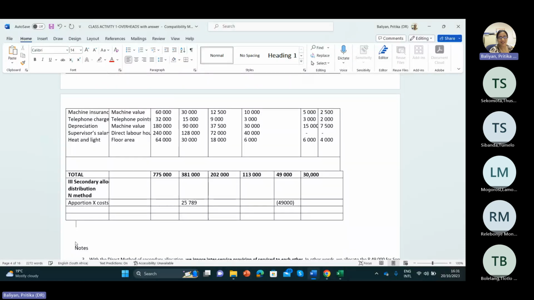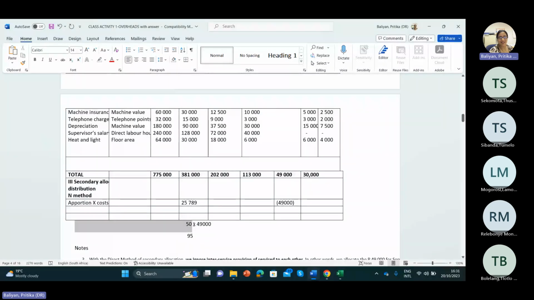The portion of X is contributing 50% of his service. So 50% service out of 95, because the 5% which he worked for Y, we are ignoring. So the total percentage of services he is doing for A, B, C is 95.